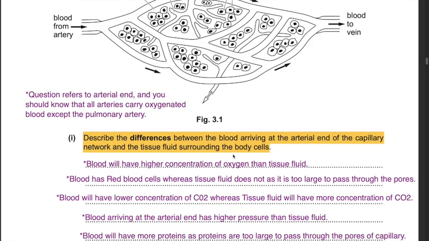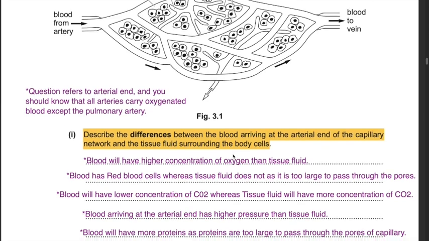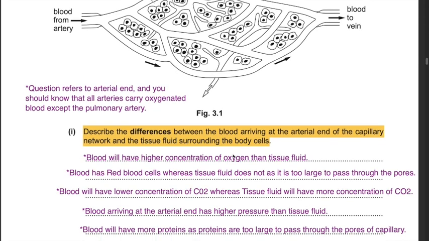Therefore, the blood arriving at the arterial end would have higher concentration of oxygen than tissue fluid. Blood has red blood cells, whereas tissue fluid does not, as they are too large to pass through the pores of the capillary.